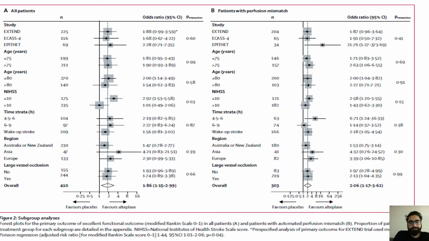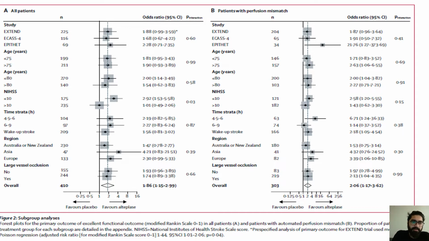So they included age as one variable, less than 75, greater than 75. So favorable outcome between the two groups. Age, when they divided it into less than 80 or greater than 80, they still had better outcomes. NIHSS of less than 10 versus greater than 10. This was just one interesting result in this table where NIHSS of greater than 10 was coming in the midline of this forest plot.